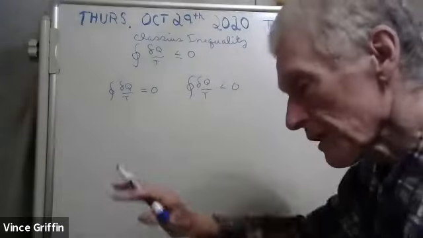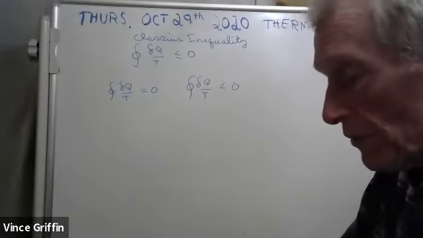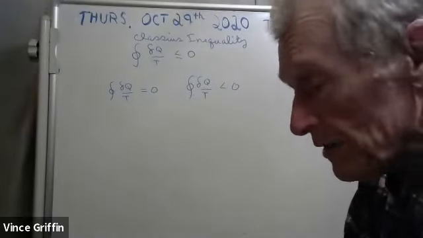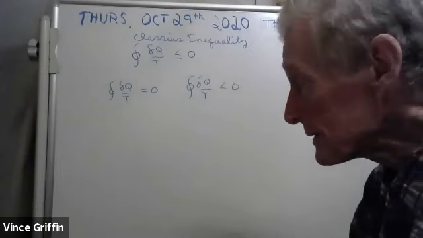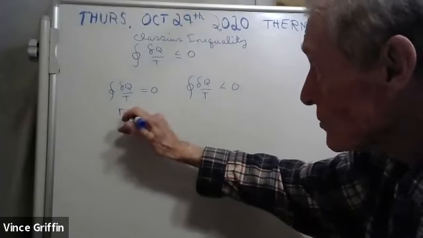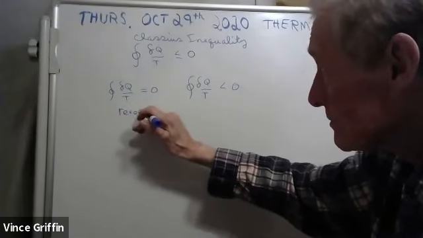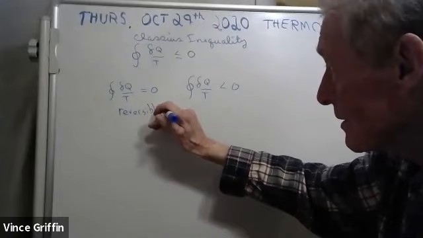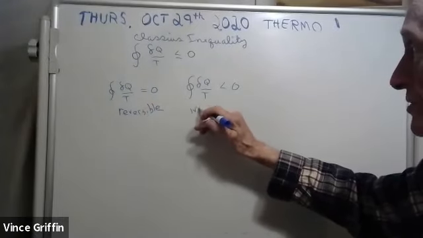Now, this is what you get if you have a perfect engine with no friction and no irreversibilities. This would be the reversible cycle. This is the irreversible cycle.